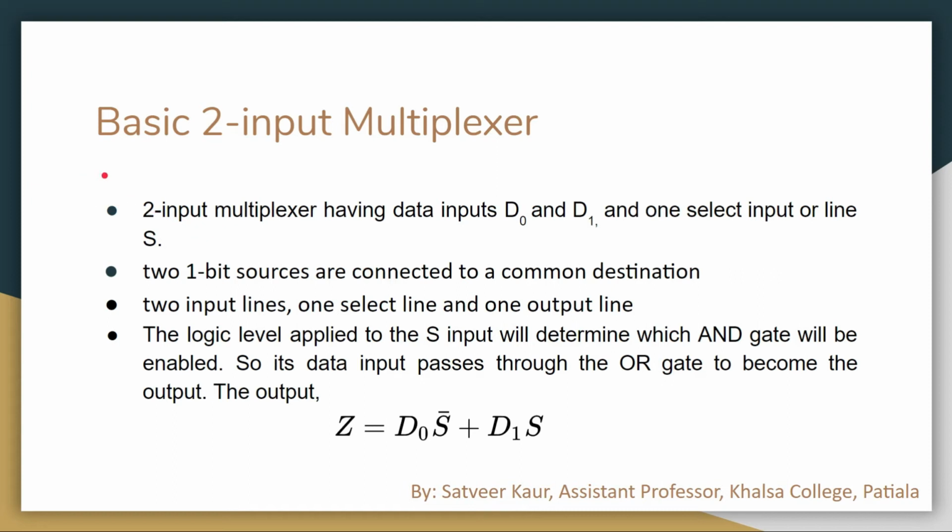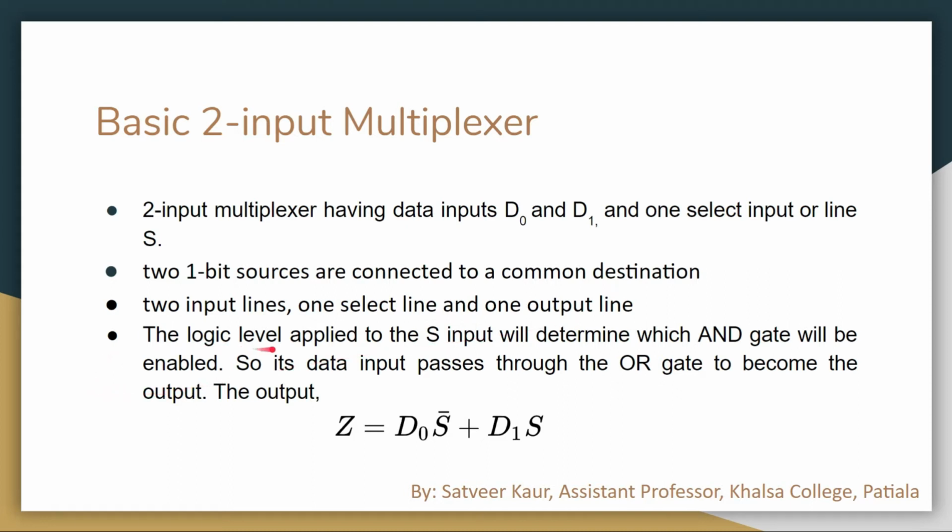Now we will see the basic 2 input multiplexer, having data inputs D0 and D1. In a 2 input multiplexer there will be 2 inputs and 1 output. So the data inputs here are D0 and D1 and one select input or line S. Two 1-bit sources are connected to a common destination, and there are 2 input lines, one select line and one output line.